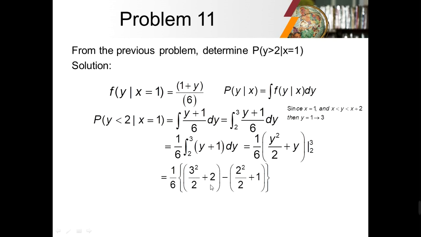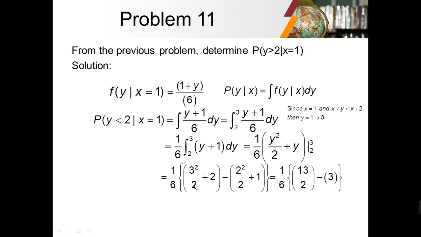I'm so sorry. Okay, 3 squared over 2 plus 3, minus 2 squared over 2 plus 2. Sorry, I didn't edit this. Please check if I'm correct here.